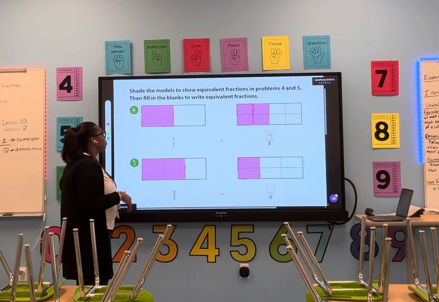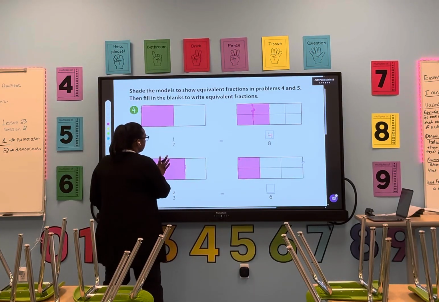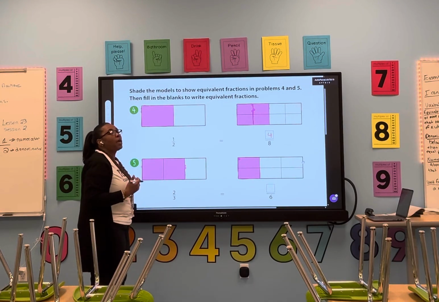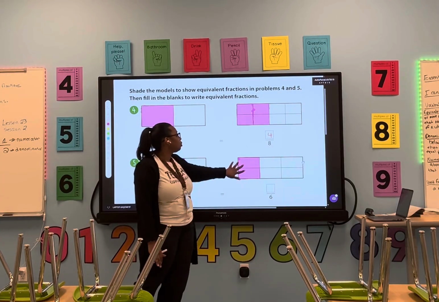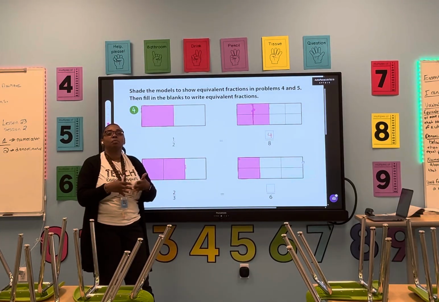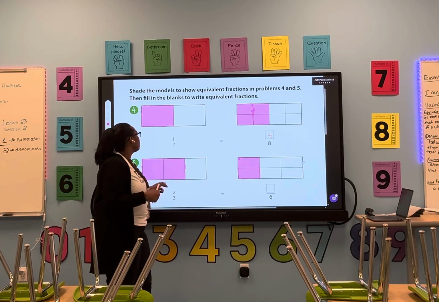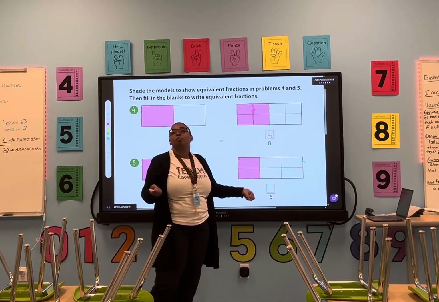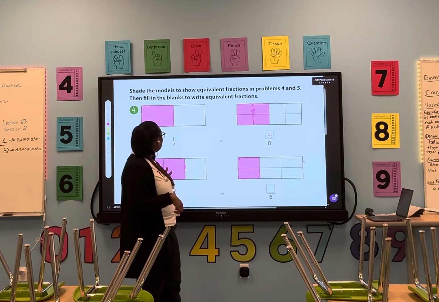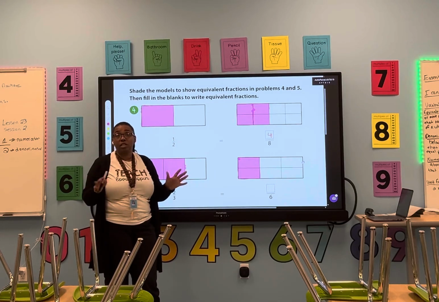That's because this fraction bar has less shaded in than this one. It doesn't matter that we have two boxes shaded in here and two boxes shaded in there. That doesn't make it equivalent or equal. We have to look at the amount shaded in. We're not looking at how many boxes that we shade in. Just because I did 2 here and I did 2 here doesn't mean that it's equivalent.